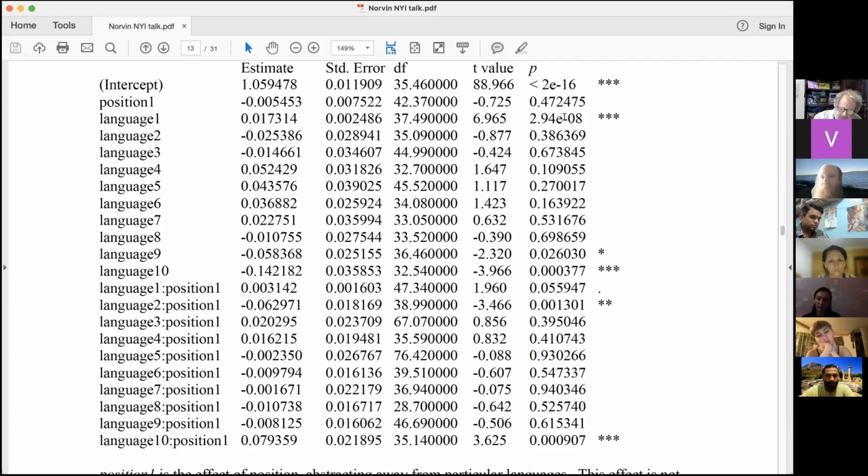But there is a very statistically significant difference in language 1, that is, between the left prominent languages and the right prominent languages. There is also a difference, for example, in language 10, position 1, which has to do with the fact about Russian that I flagged as we were going through, that Russian has a very small ratio.